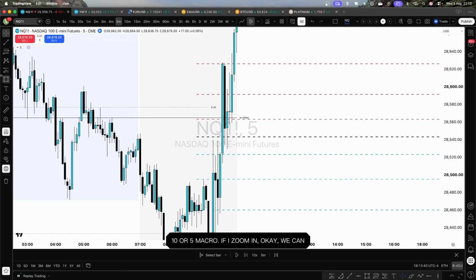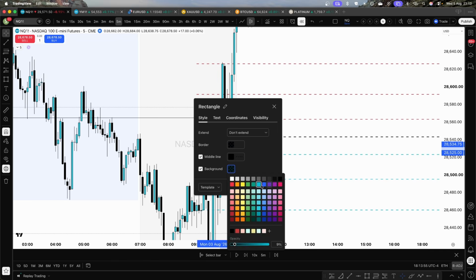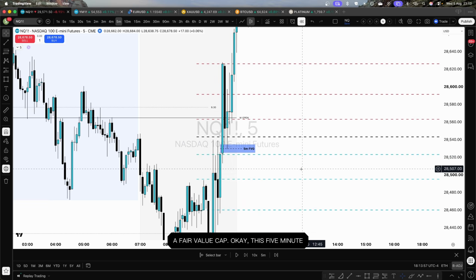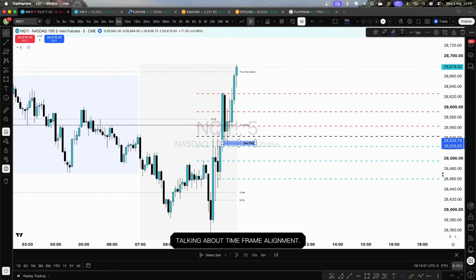If I zoom in, we can see right here that the market has provided us a fair value gap. This 5-minute gap. Notice how I was talking about time frame alignment?